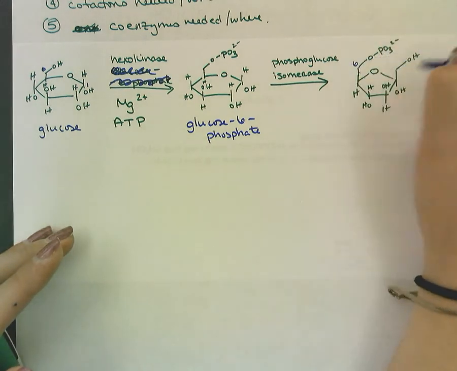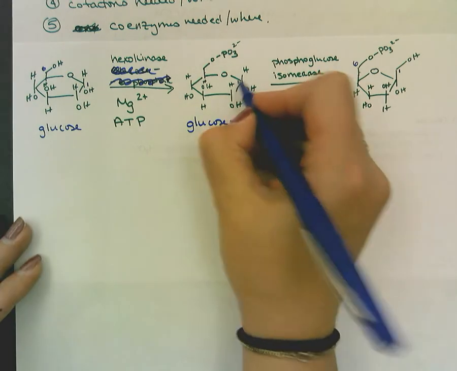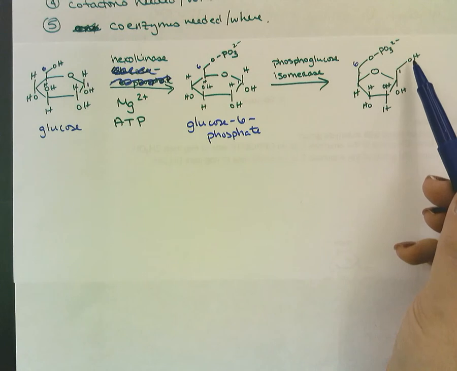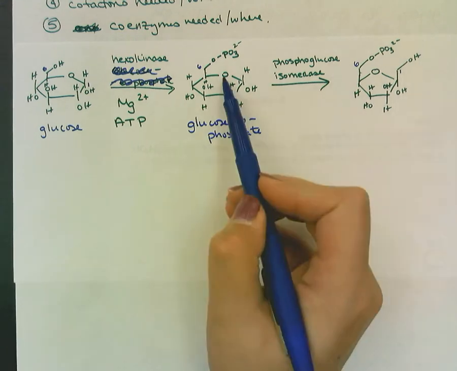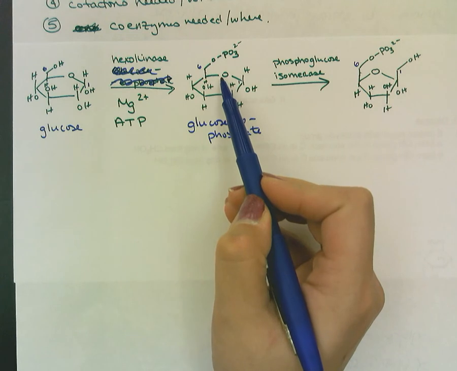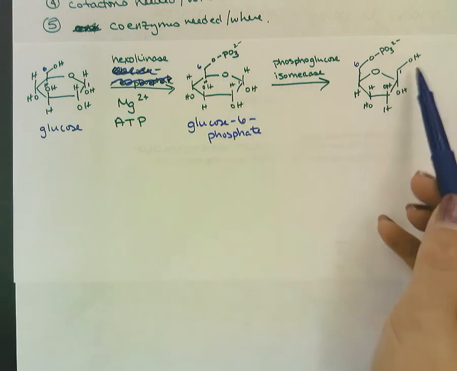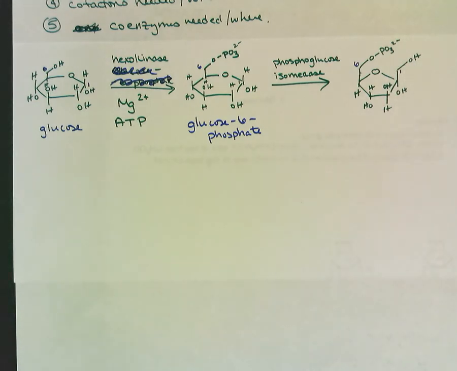Now that's still 6. Now this was 1. So 1 was here part of the ring, and now it's outside the ring. No, it's the O that was here. Oh, hold on, let me see. No, that's right. We'll see why in a little bit.